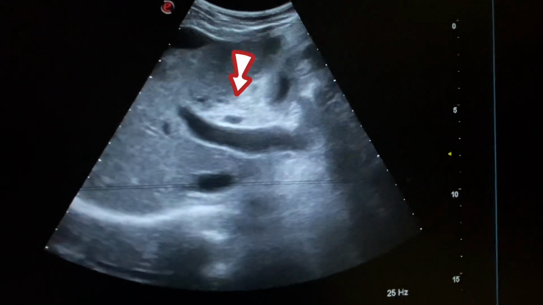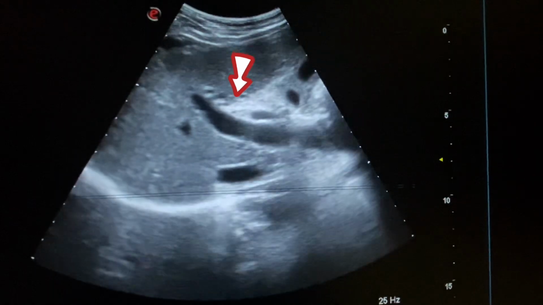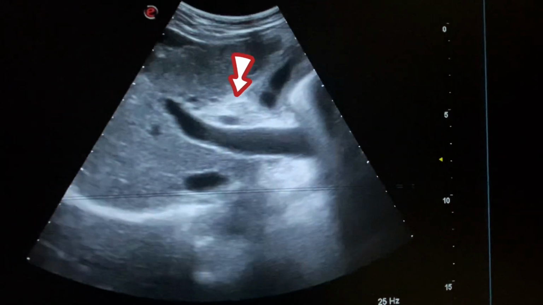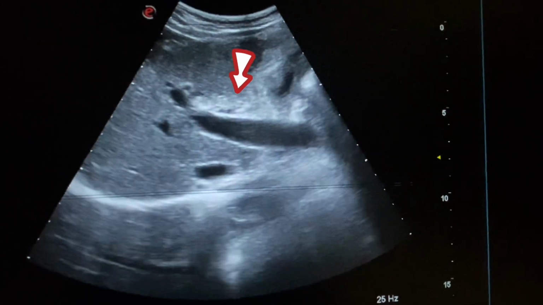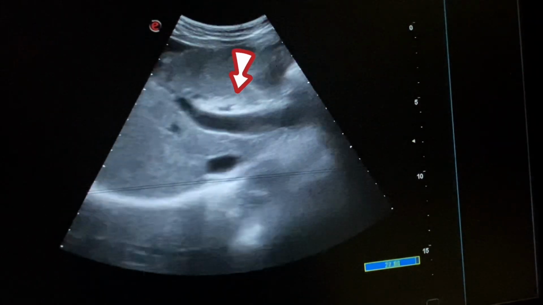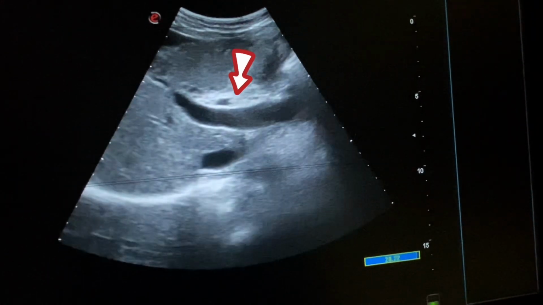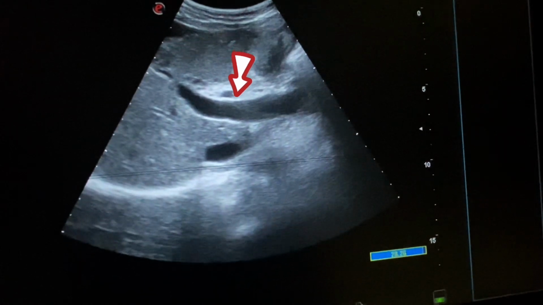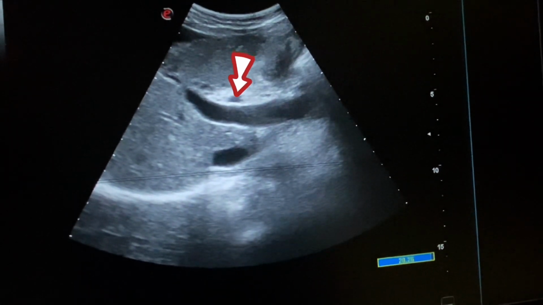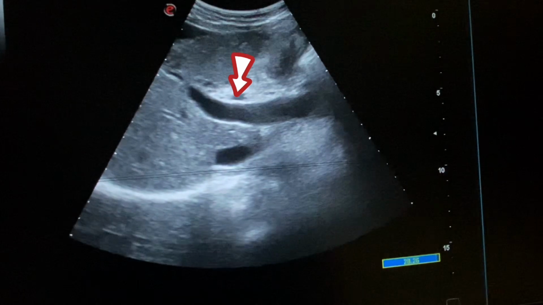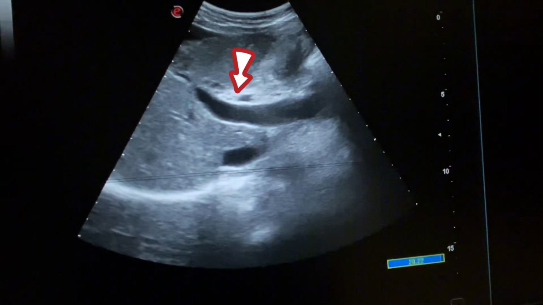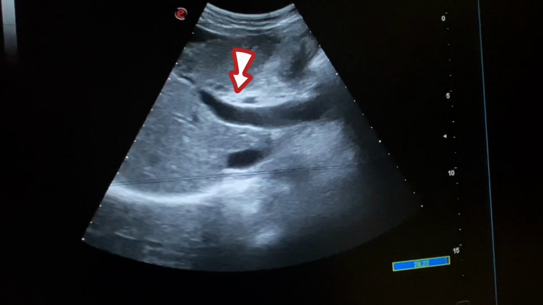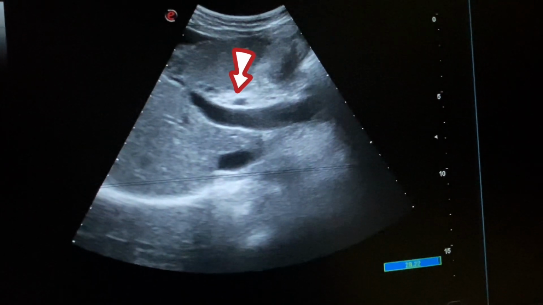Now we will measure the portal vein, which is also dilated in chronic liver disease. For better measurement of the portal vein, the patient should be positioned in the left lumbar area and the probe is placed at the mid-clavicular line in the right hypochondrium.